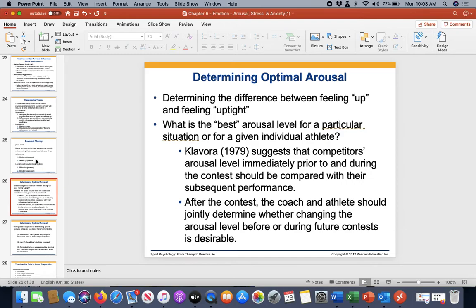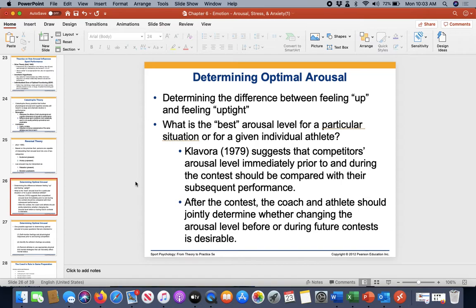There are a few things that need to happen in that situation, but you have to be careful of how you present different things. What they talk about down here is that competitors' arousal level immediately prior to and during the contest should be compared with their subsequent performance. About their performance.